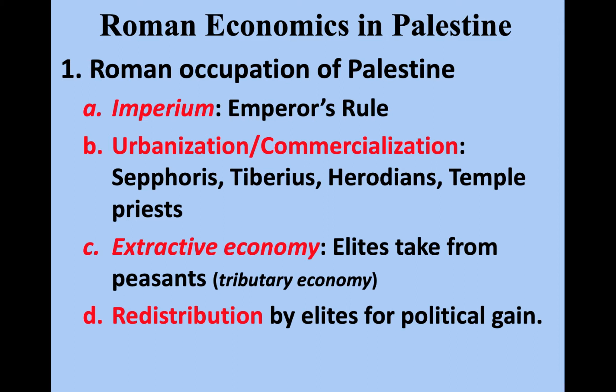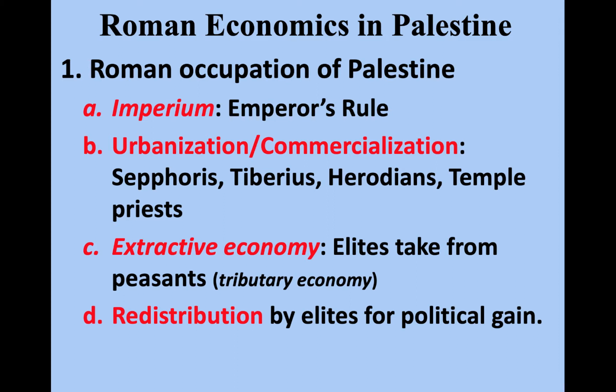We think of urbanization, in other words, commercialization. So one thing that Rome did was to build cities, model cities in Palestine or Israel, as a standard bearer or propaganda for the glory that was Rome. For example, Sepphoris, only 3.5 miles from where Jesus grew up in Nazareth, was one such city created and developed, built by Rome, occupied mostly by Jews, but nonetheless a standard city from which Rome could propagate its glory, its gospel, if you will.